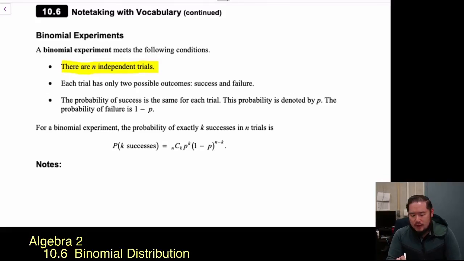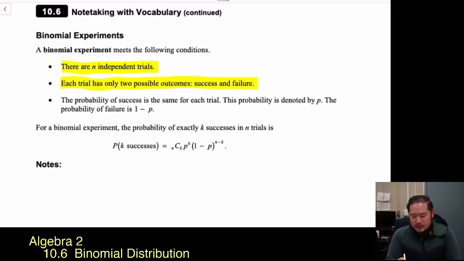The second criterion is that each trial has only 2 possible outcomes, success or failure. Flipping a coin would be a binomial experiment. You're either going to flip heads or you're going to flip tails. If you want it to be heads, then that would be the success. Flipping tails would be the failure.